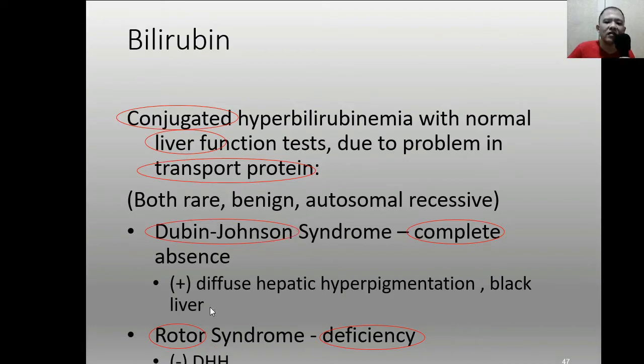When there is a deficiency, that is Rotor syndrome. So the complete absence of the secretory protein in the canalicular side will lead to a black liver.